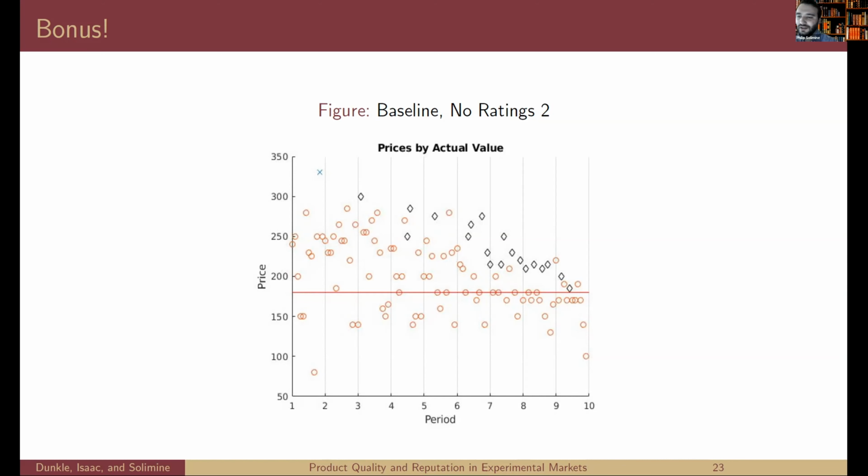What happens is, and this is with repeat interactions, so they know which sellers they're dealing with, at the beginning they just buy from anybody. And then later on, we see that in this market, only one good that was a super was actually sold in the entire market in the first period.